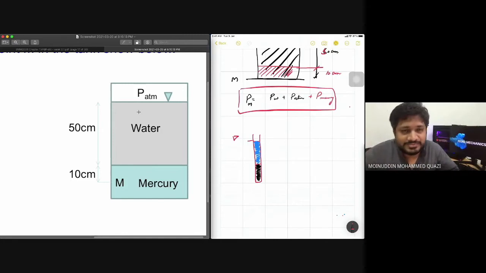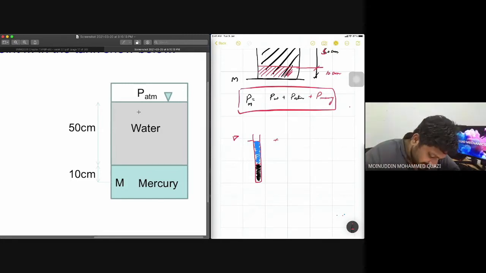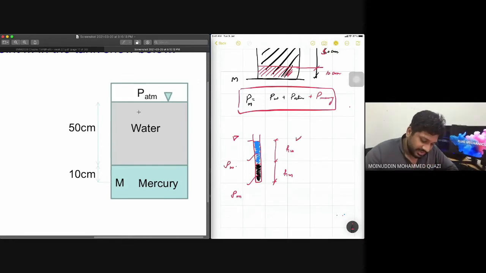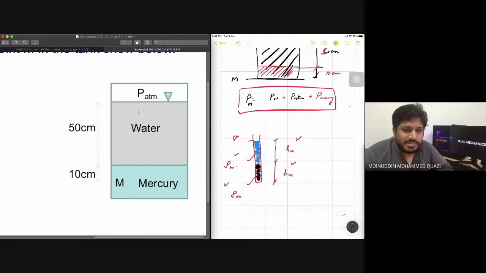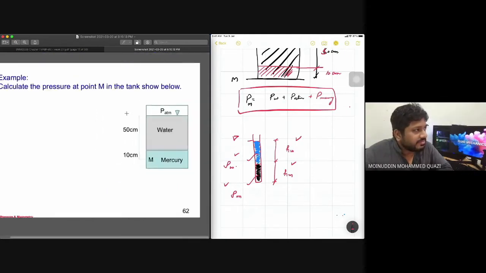The x distance is not in the formula, only the height matters. It is very important to measure the correct height of water. This is height of mercury, this is density of mercury, this is density of water. So these four parameters are important. So this was one problem.